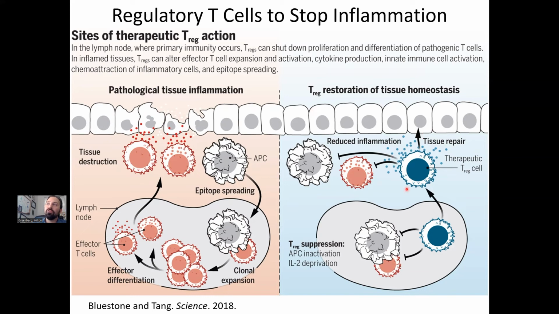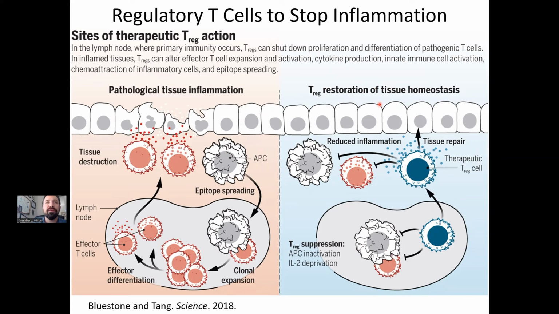So what these regulatory T cells do is help with the tissue repair, and they chill out our antigen-presenting cells. They calm down the dendritic cells. They suppress the T cells. They suppress our pro-inflammatory T cells, and this will help lead to tissue homeostasis.